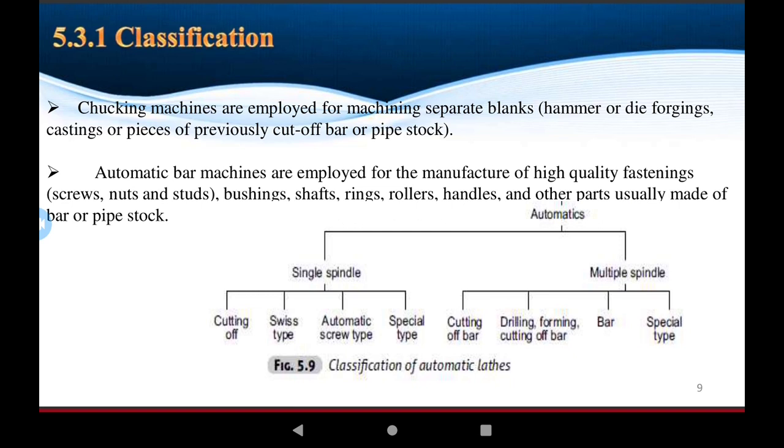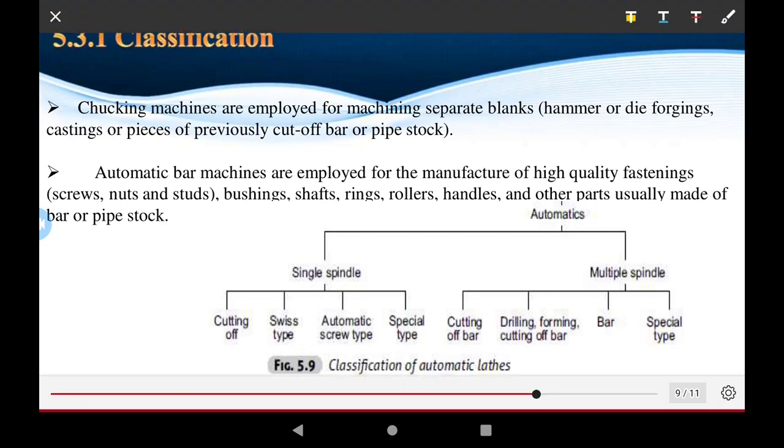Chucking machines are employed for machining separate blanks, hammer and die forgings, castings and pieces of previously cut bar and pipe stock. And chucking machines are also selected for machining separate blanks, required for hammers, dies, forgings, castings and pieces of previously cut bar or pipe stock.